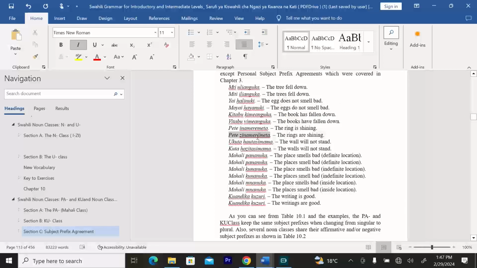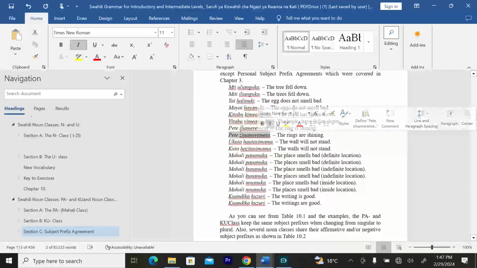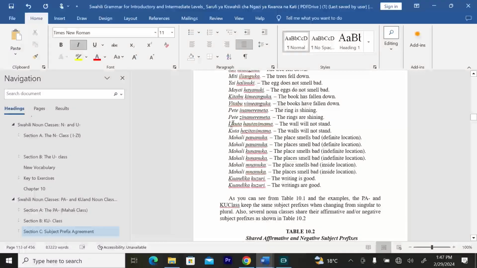Plural is pete zinameremeta. The rings are shining. Ukuta hautasimama means the wall will not stand. In plural, kuta hazitasimama, the walls will not stand.